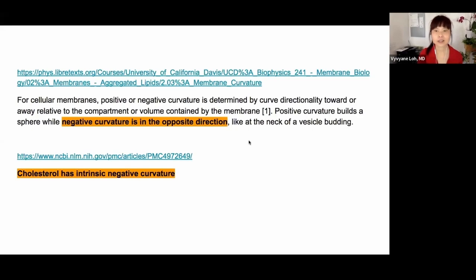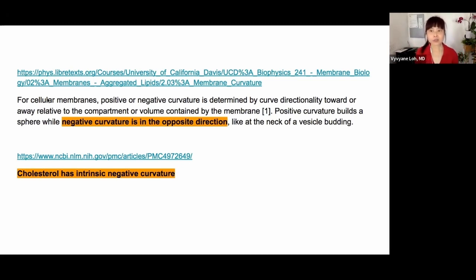It says for cellular membranes, positive or negative curvature is determined by curve directionality toward or away relative to the compartment of volume contained by the membrane.